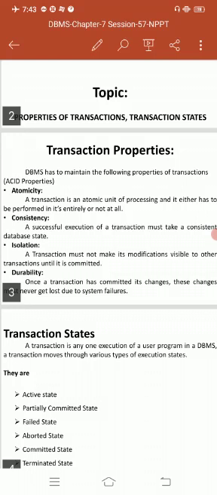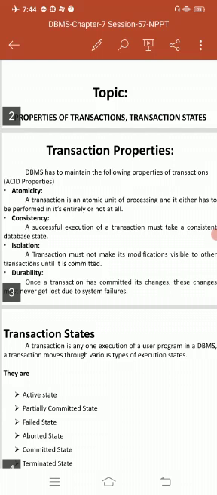Next one here is isolation. The execution of a transaction should not be interleaved with any other transaction executing concurrently. It should appear as though it is being executed in isolation.